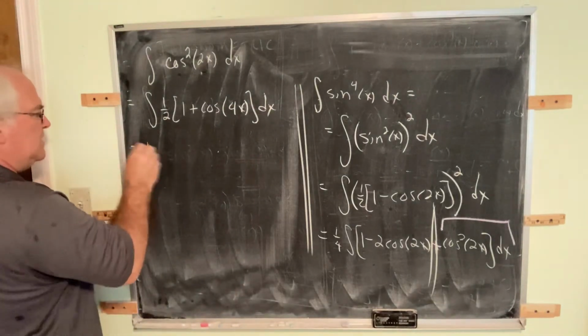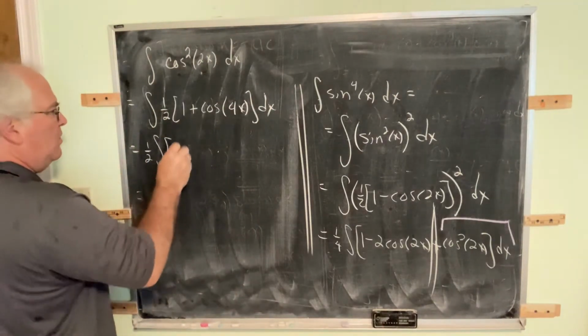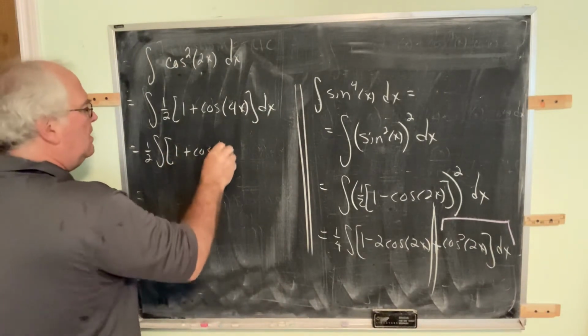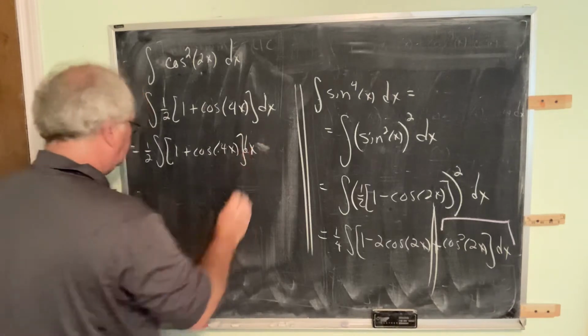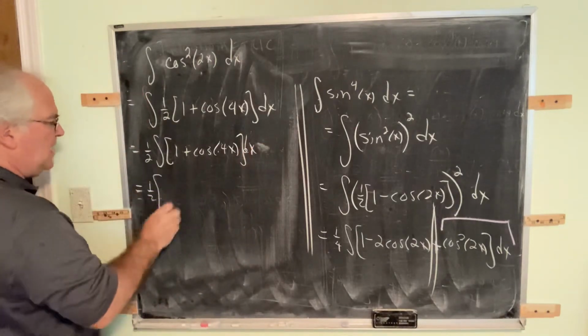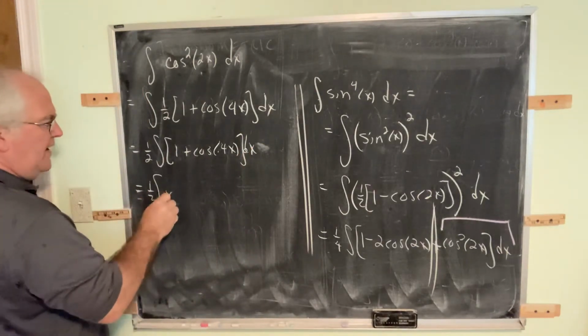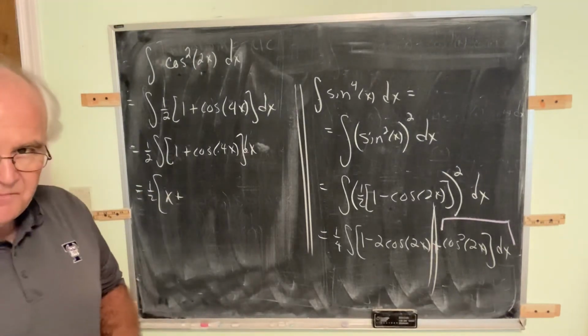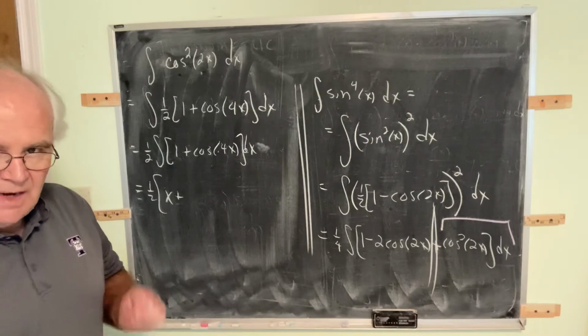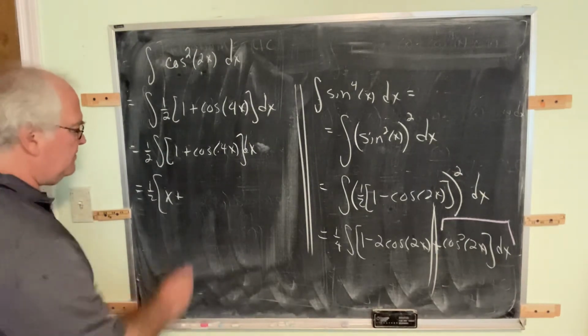And so now we can write this as 1/2 antiderivative 1 plus cosine 4x dx, which is 1/2 times the expression. Reattach the variable, plus this is, what's the antiderivative of cosine? Antiderivative of cosine is sine.